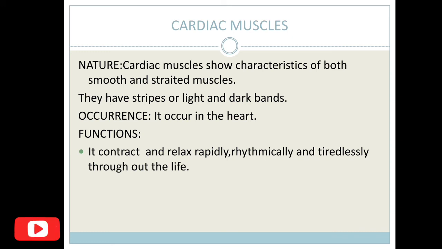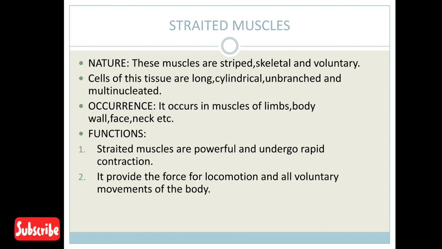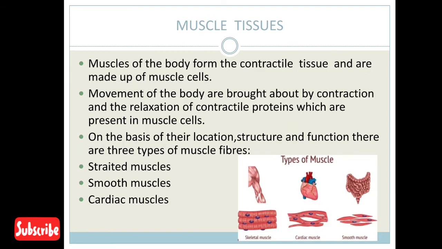If the heart stops contracting, what will happen? We will die. So these muscles contract and relax rapidly in a rhythmic way throughout life. This is the main function of the cardiac muscles. So these are the different types of muscle tissue.